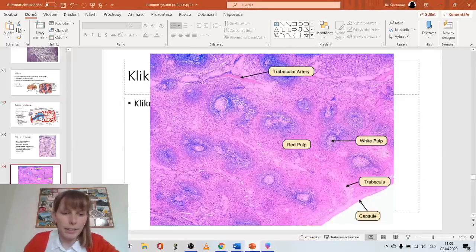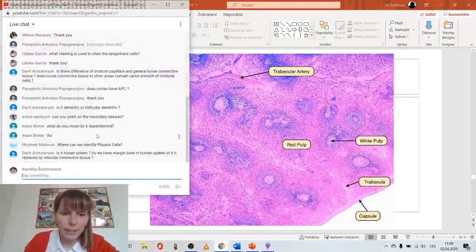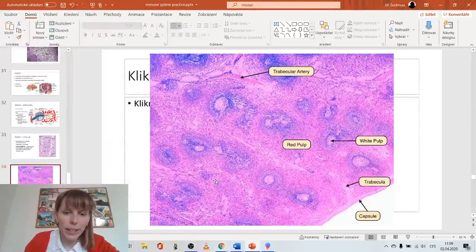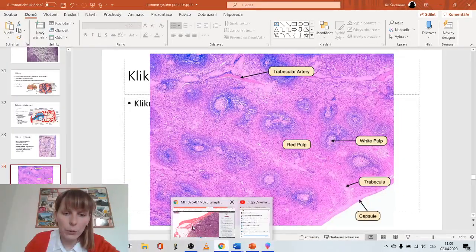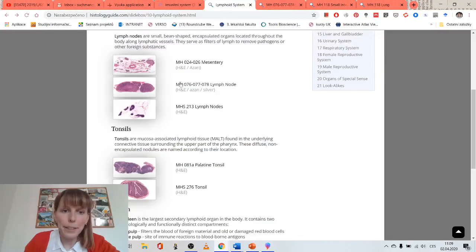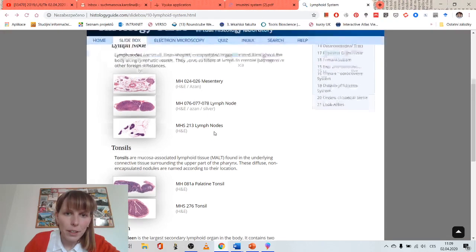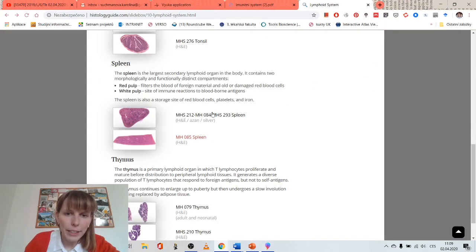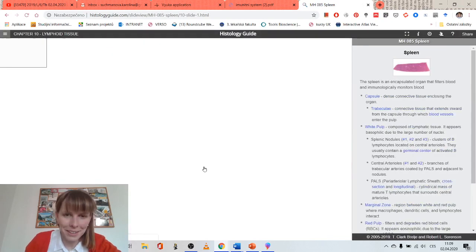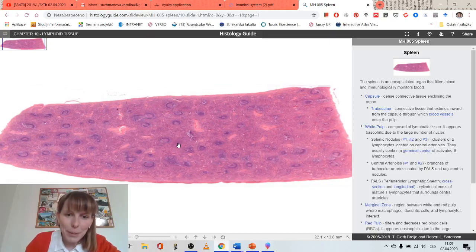So let's quickly take a look at the slide of spleen here. So spleen, you can see no cortex and medulla.